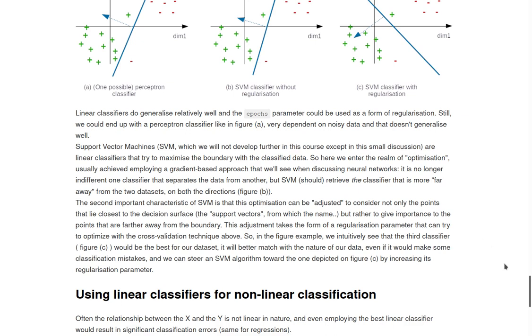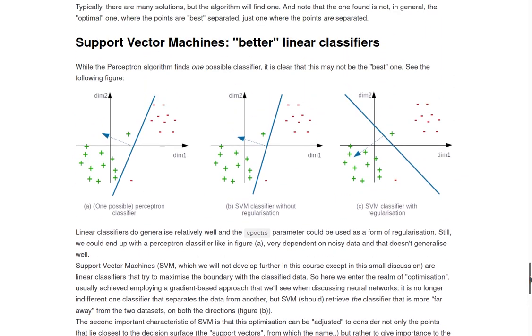SVMs are still linear classifiers, but they have the characteristic that they try to maximize the boundary with the classification data. So we are no longer, like here, possibly very close to the data, but they try to have margins on both sides and maximize the minimum margin so that they will be somewhere here, like at the center of the two.